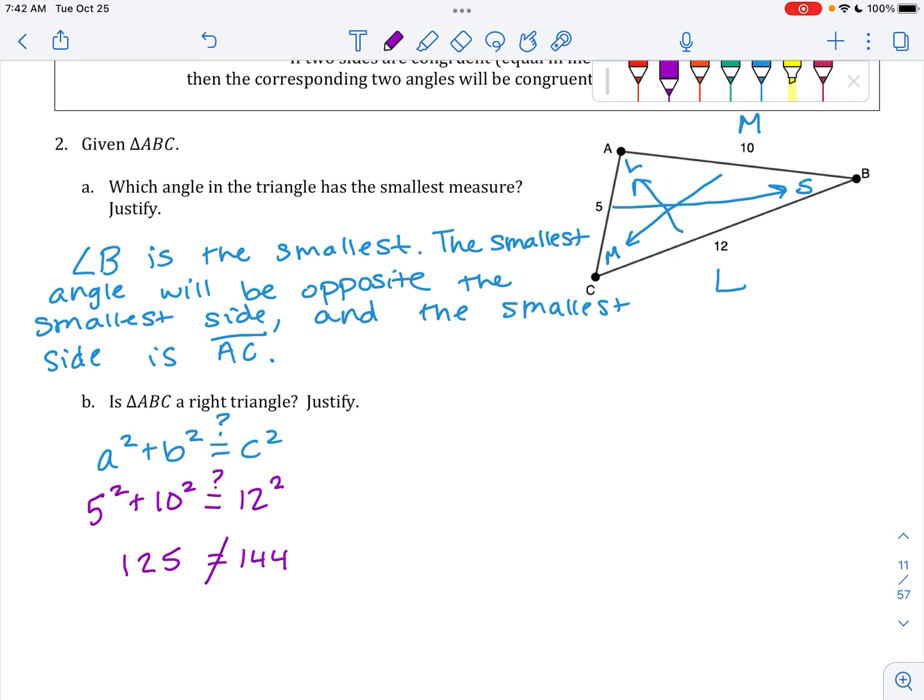So now there's my evidence, and I need to put my claim. No, triangle ABC is not a right triangle.